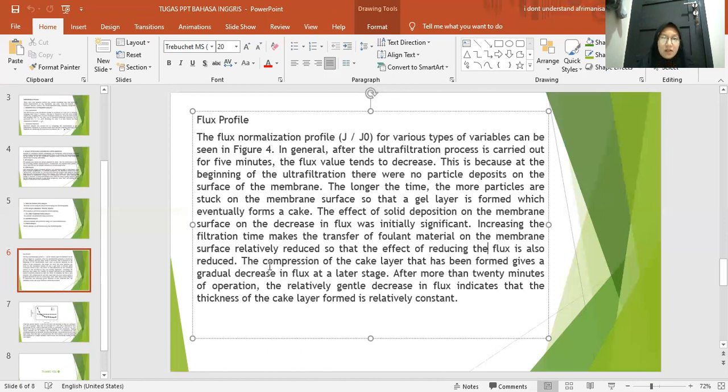The comparison of the cake layer that has been formed gives a gradual decrease in flux at a later stage. After more than 20 minutes of operation, the relatively gentle decrease in flux indicates that the cake layer formed is relatively constant.